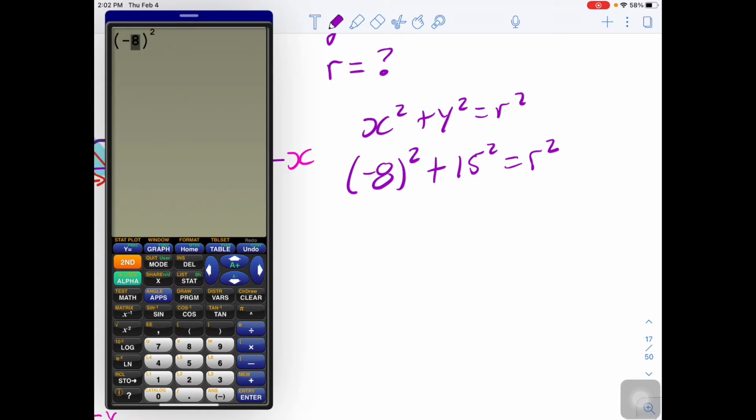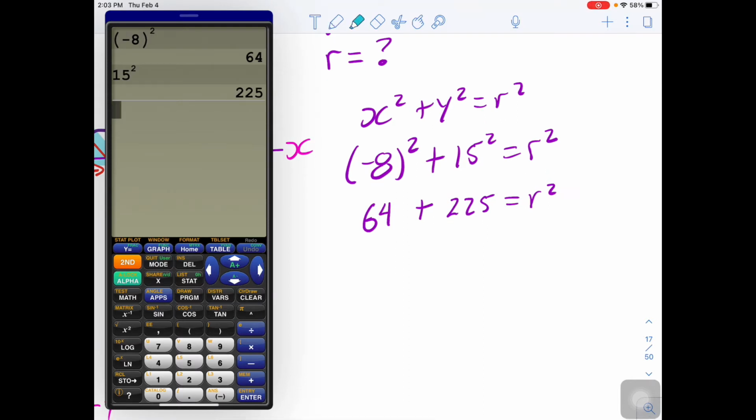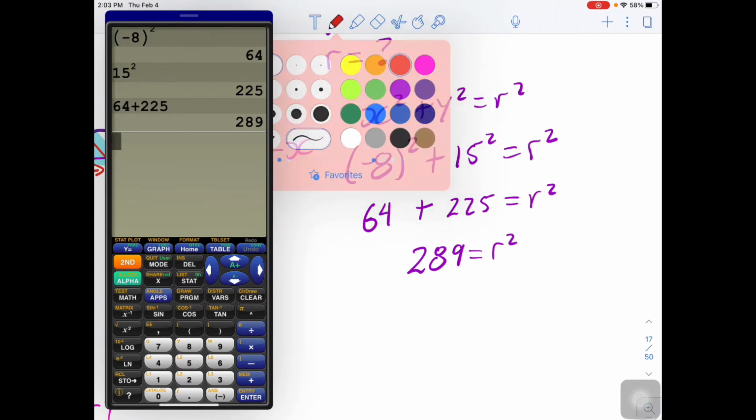That's important because if you forget to put the brackets, you'll end up getting -64, but you should be getting +64. And then I'm going to do 15 squared. So that's 225 equals r squared. Now at this point, we're going to add our values together. So 64 plus 225. So that's 289 equaling r squared. And at this point, I'm going to square root.